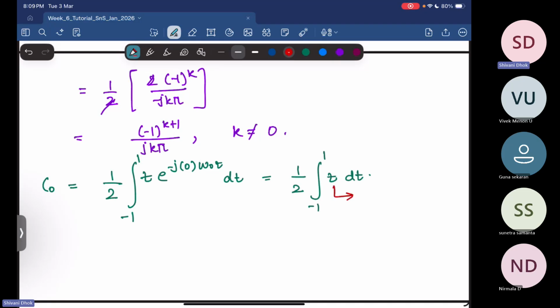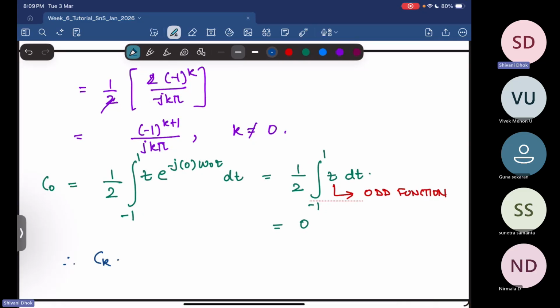Now this t is an odd function, and the integral from minus a to a of an odd function is equal to 0. So this comes out to be equal to 0.